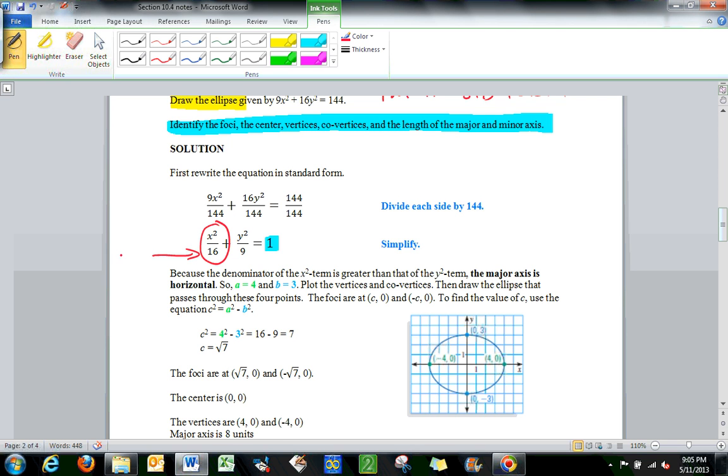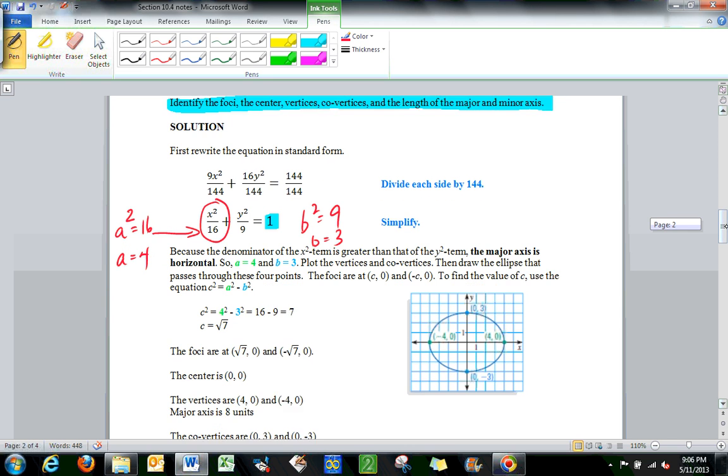Keep in mind, that value represents a squared, so if a squared equals 16, a has to equal 4. And then of course, this 9 represents b squared, so b squared equals 9 and b equals 3, and so that's going to represent my co-vertices.